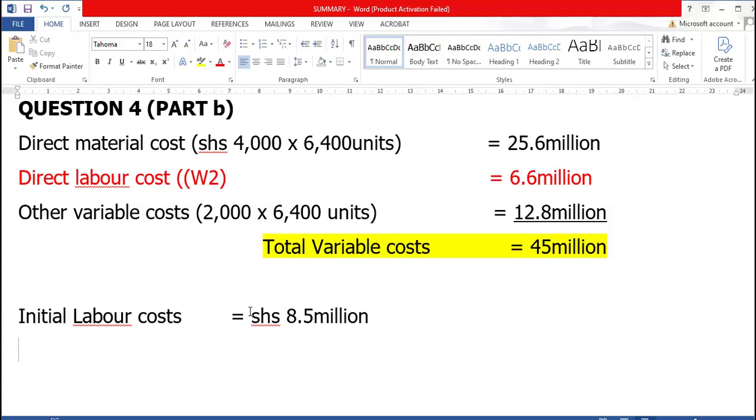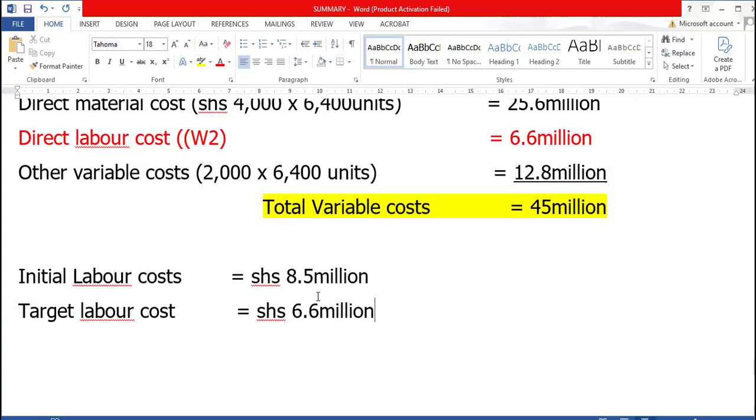But the target labor cost, the one you want to achieve, is shillings 6.6 million.